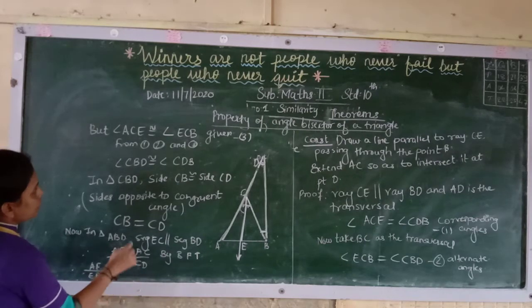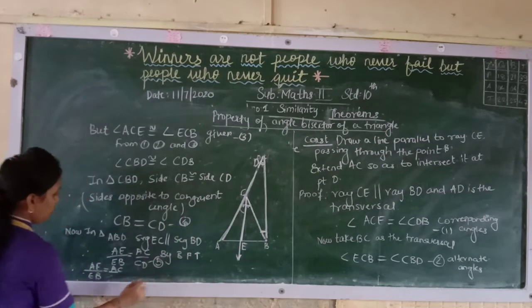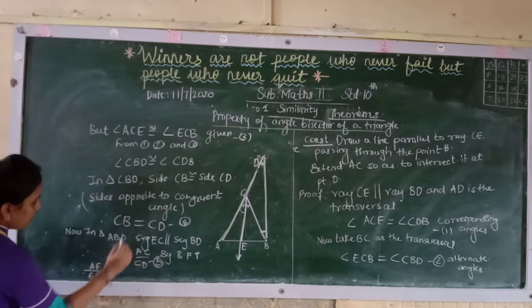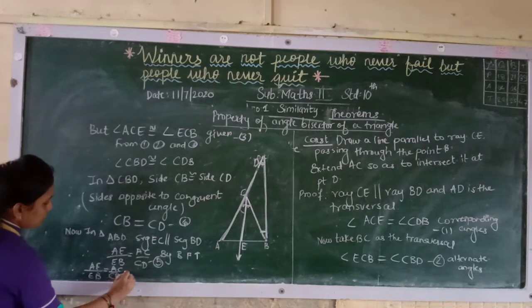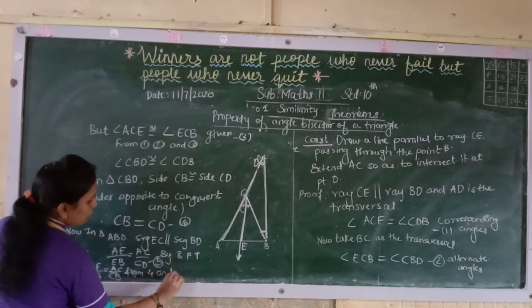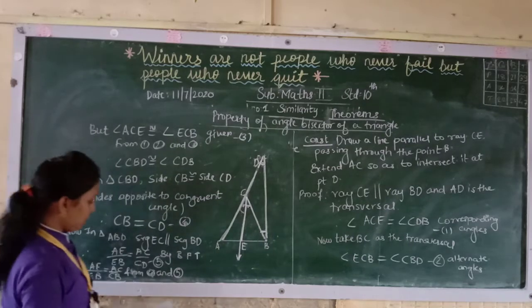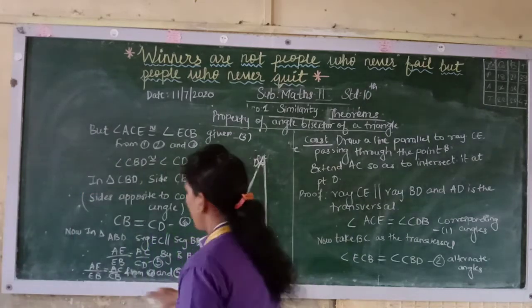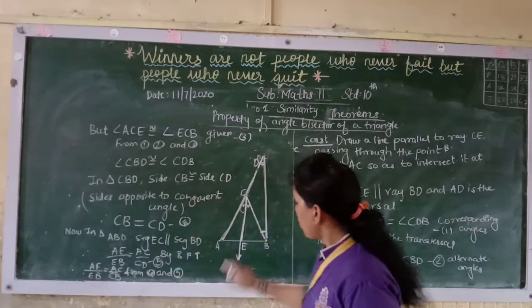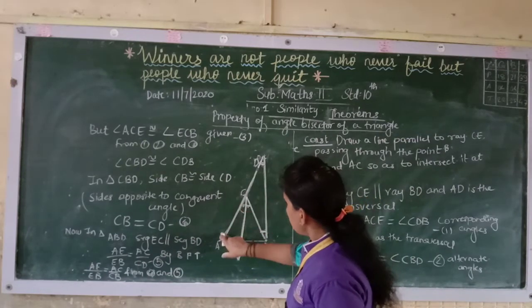Instead of CD you can write CB, from 4 and 5. So from 4 and 5 you will get AE upon EB is equal to AC upon CB, and this is what we actually wanted to prove.